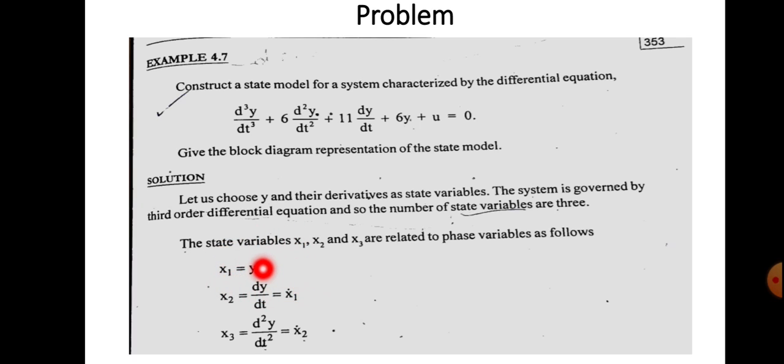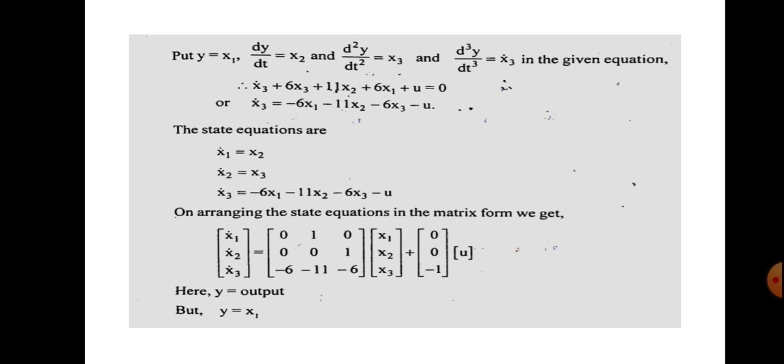Okay. So what is the next step? You have to form the state equations. The state equation is obtained from this equation, right? And here you can rewrite this differential equation in terms of these state variables. So we have to put y equal to x1, dy by dt equal to x2, and d square y by dt square equal to x3.